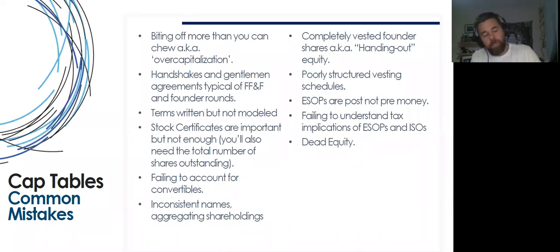So the way to avoid that is, build the vesting schedules, but don't build them too far into the future. In my opinion, most vesting schedules should happen between 18 to 24 months.